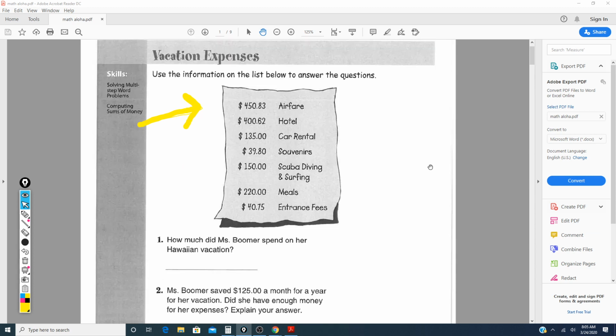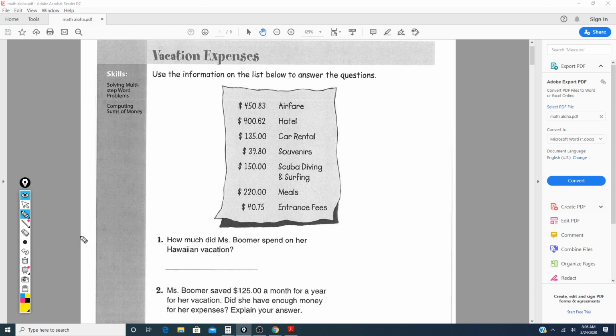So let's take a look. How much did Miss Boomer spend on her Hawaiian vacation? Well, she's spending on airfare, hotel, car rental, souvenirs, scuba diving, meals, and entrance fees.